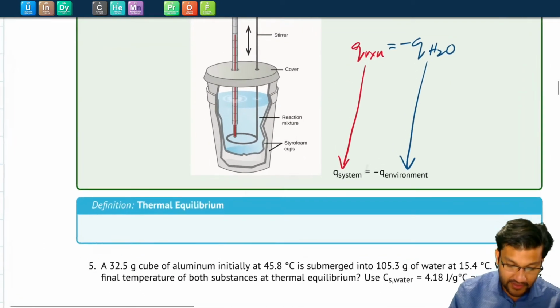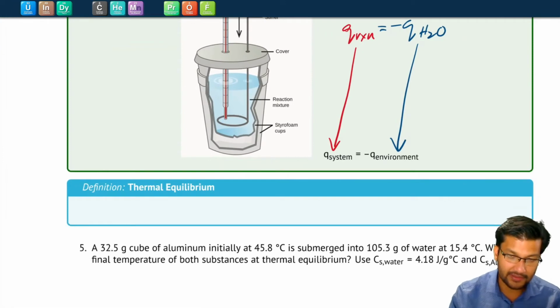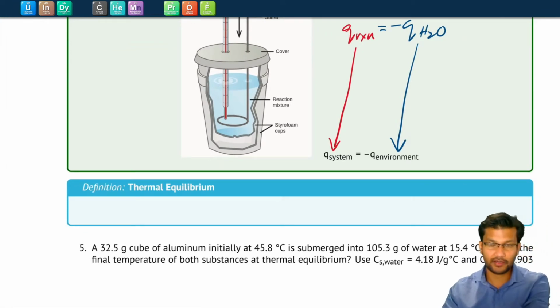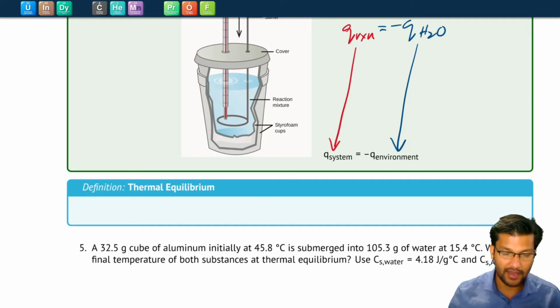All right. So whenever you have a setup like this, where two things, the water and the reaction, are in contact with each other, and they could lose and gain heat to each other, eventually, after a while, they will come to what we call thermal equilibrium. That's where their temperatures are going to be the same, and so heat can no longer flow between them.